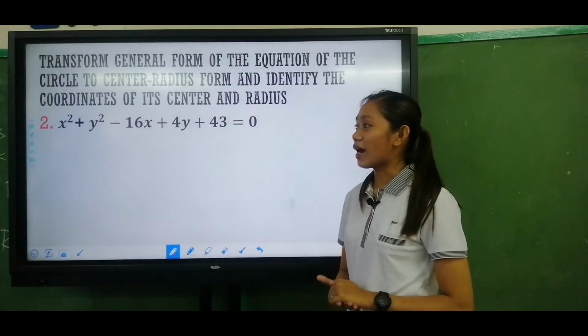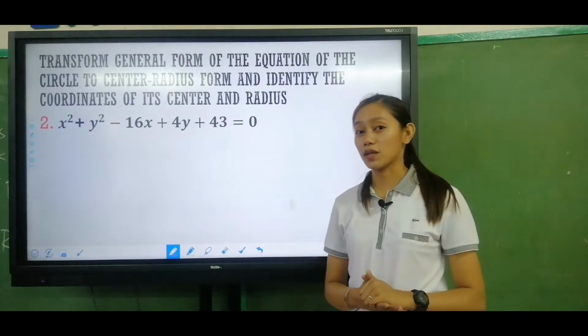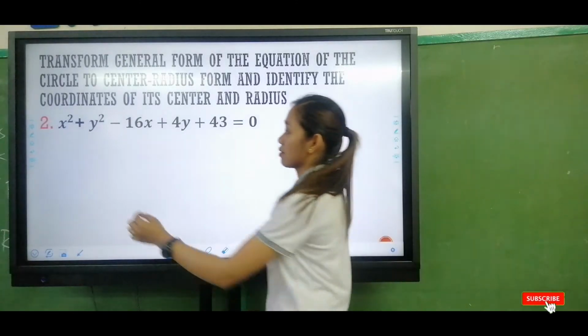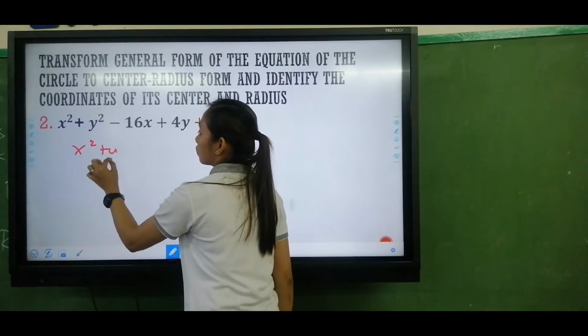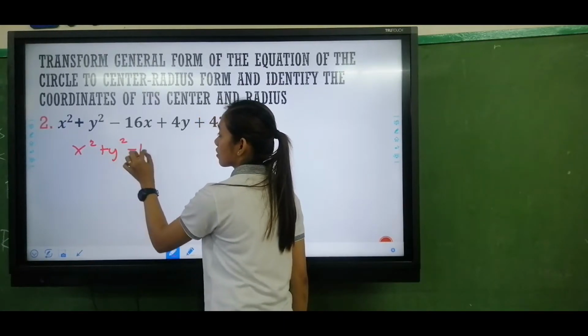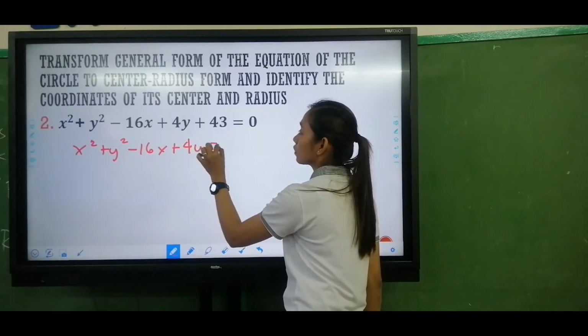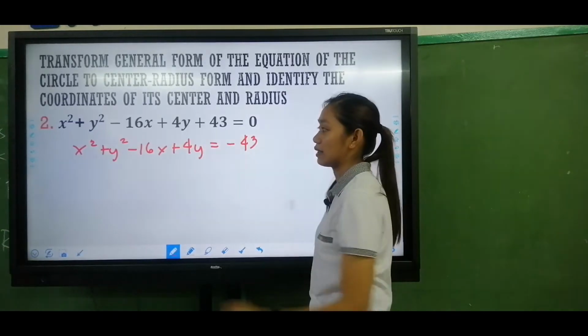Let's have number 2. X squared plus y squared minus 16x plus 4y plus 43 is equal to 0. Again, first step, transpose the constant. So, this will be copied. So, x squared plus y squared minus 16x plus 4y is equal to, positive when moved becomes negative, minus 43.